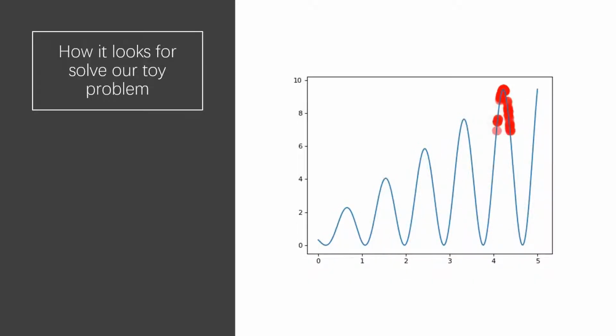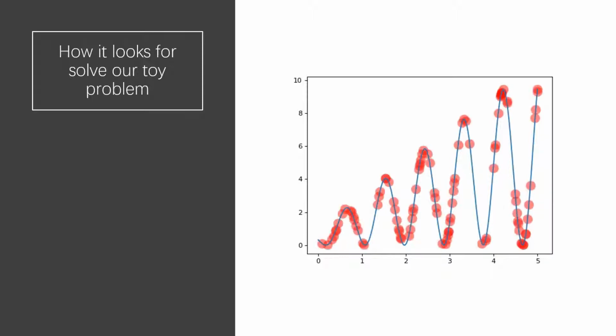Okay, here it is. As you can see, instead of only manipulating a single red dot, we have a set of red dots now, which is our population. As time goes by, these individuals will gradually gather around the maximum value of this curve. Now, you don't need to worry about the initial values of design variables.